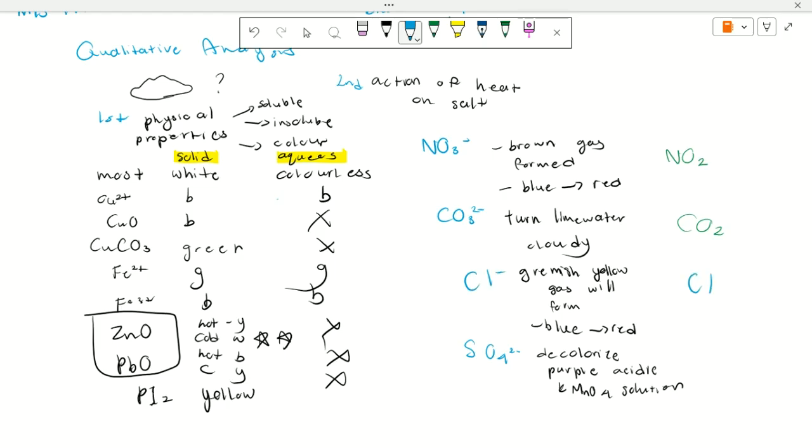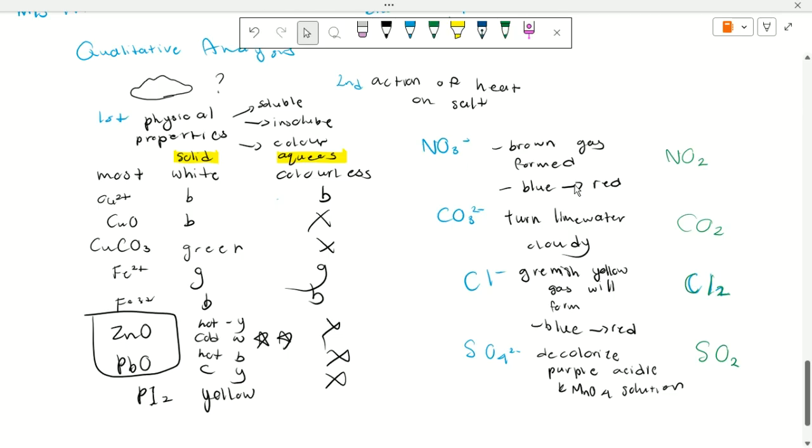For this one it is Cl2. Here we have the gas. For sulfate, I don't know. Look it up. And then, yeah, that's the thing.